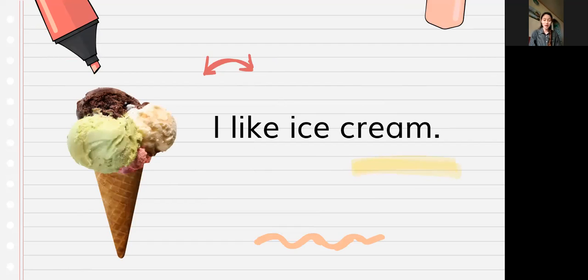Miss Espinosa, can you read the first sentence on the screen? I like ice cream. Okay, very good. Thank you, Miss Espinosa. Next. Miss Canto, can you read, please, the sentence on the screen?